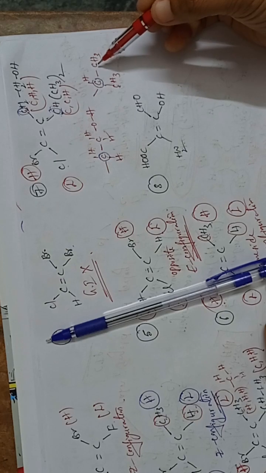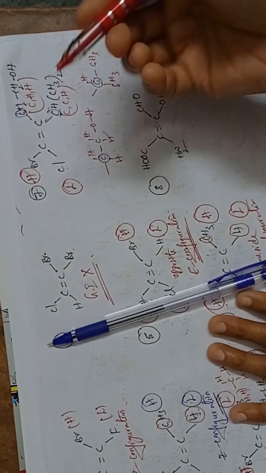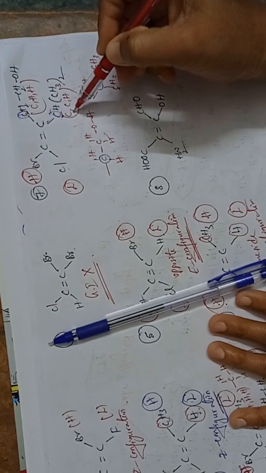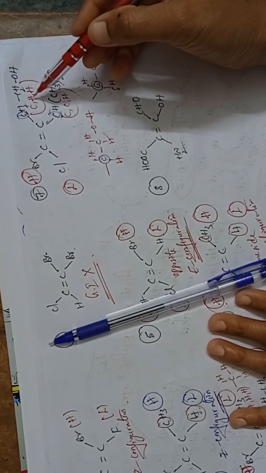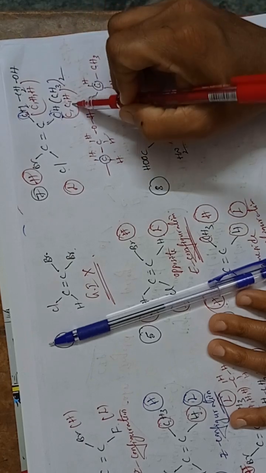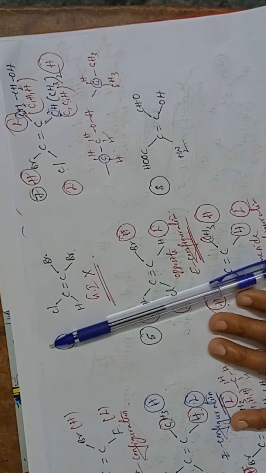Which atomic number is more? Carbon. So you write that atom first: carbon, carbon, hydrogen. Here the first atom is carbon, and here also carbon. Same atoms, so go for the second atom. Here hydrogen, here carbon. Carbon has the higher atomic number, so that is the higher atomic number group, and this is the lower atomic number group.